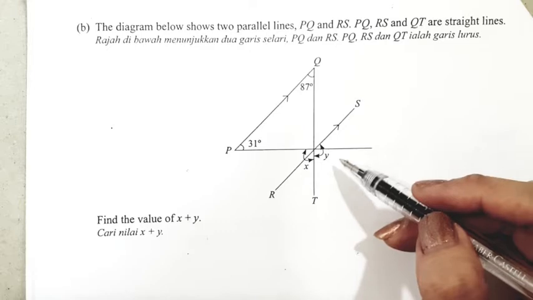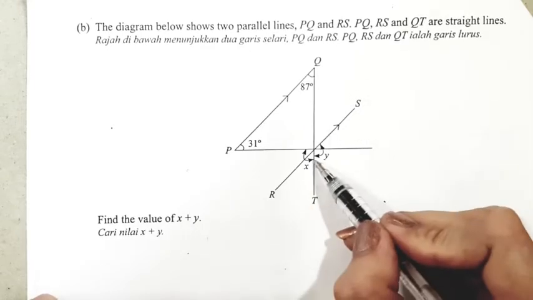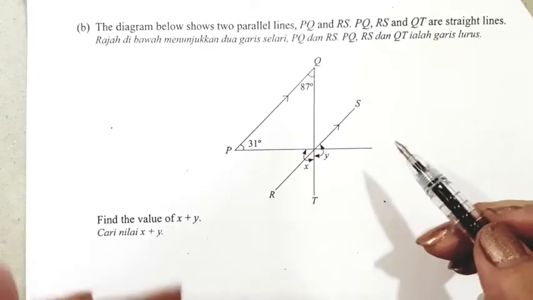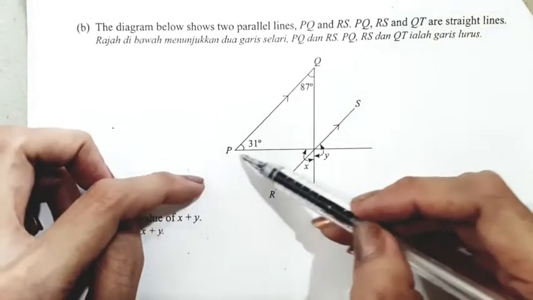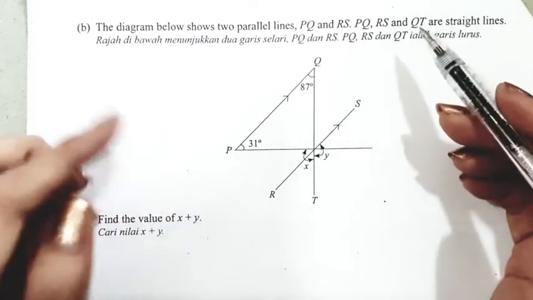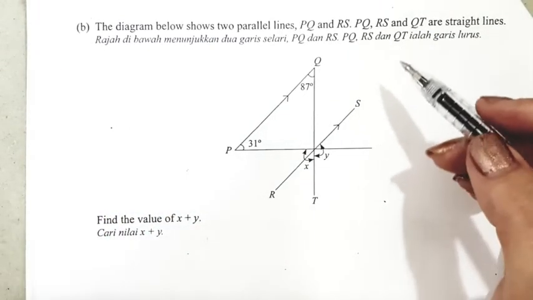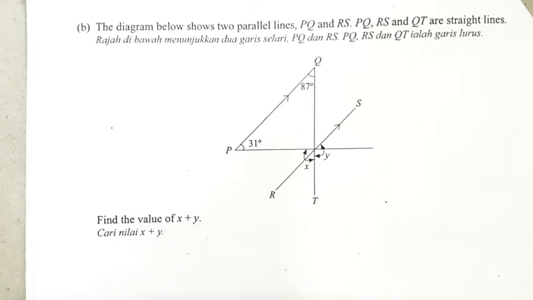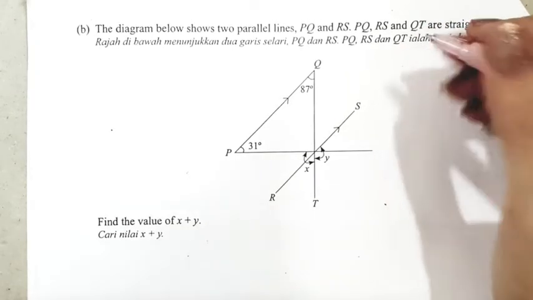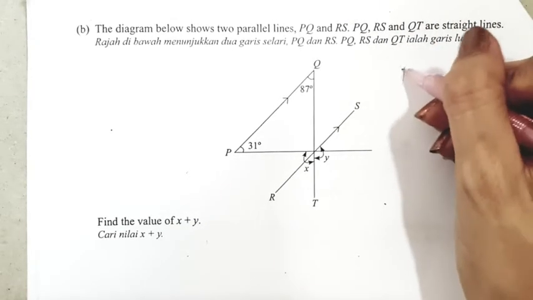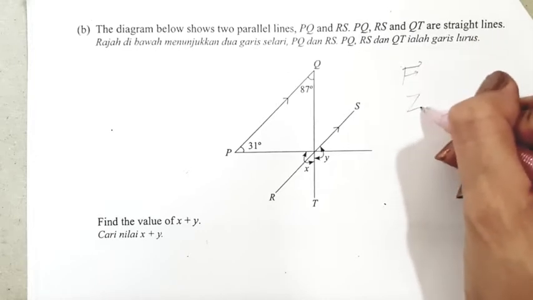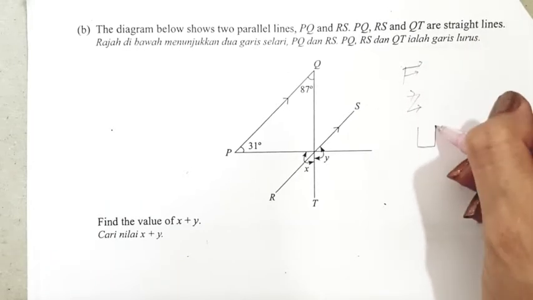So we have to find X. X is from here to here. So do you see this triangle shape over here? We can find that first. There are so many ways that we can find. As I said before, the corresponding angle, F shape, alternate angle, and the interior angle.